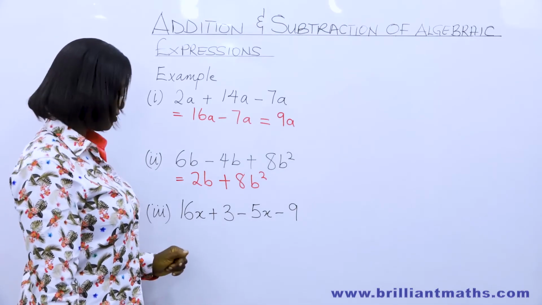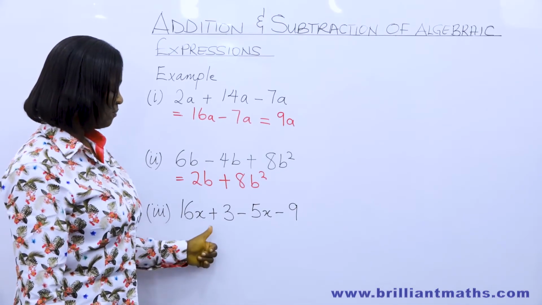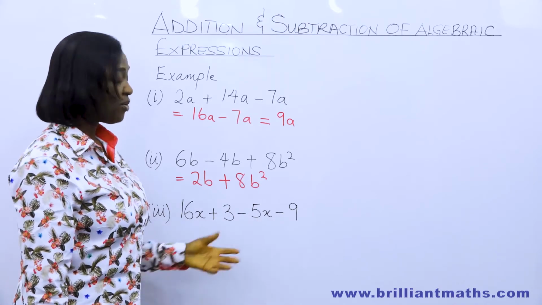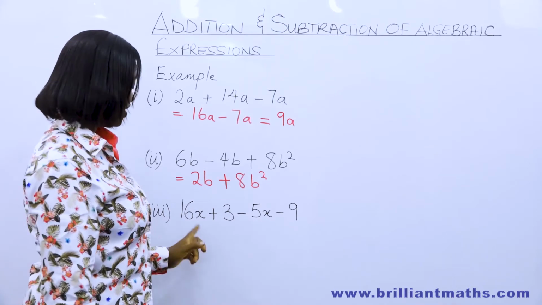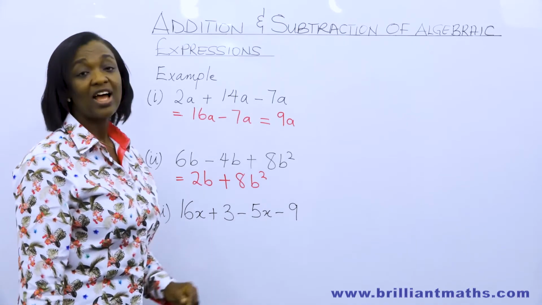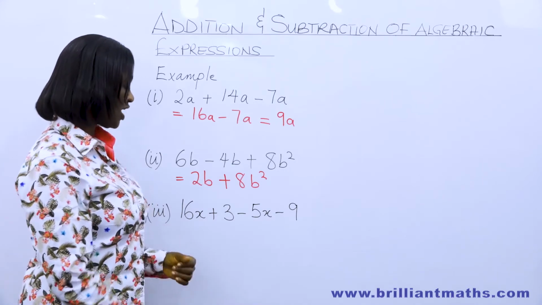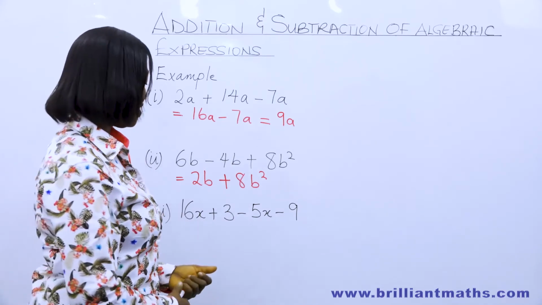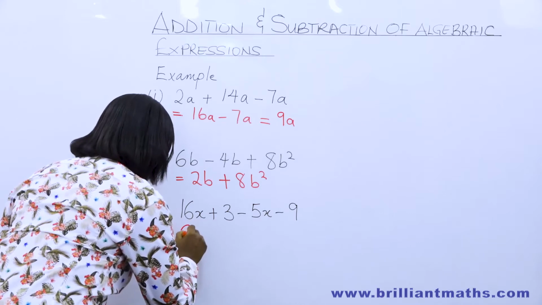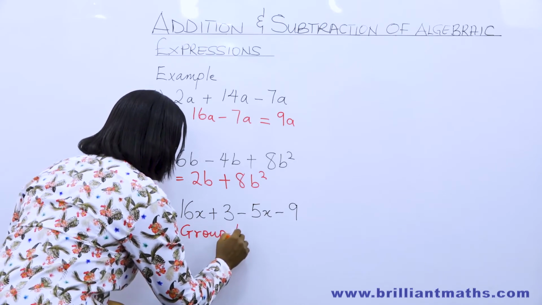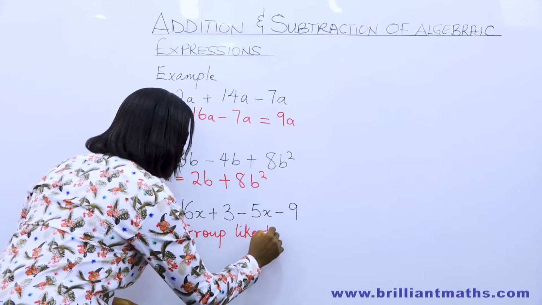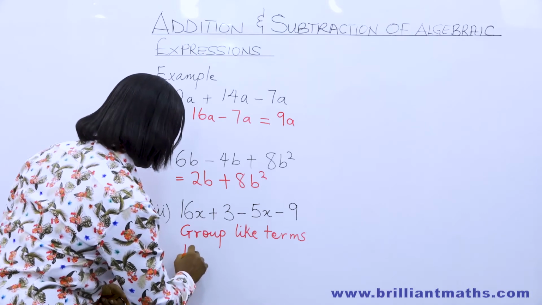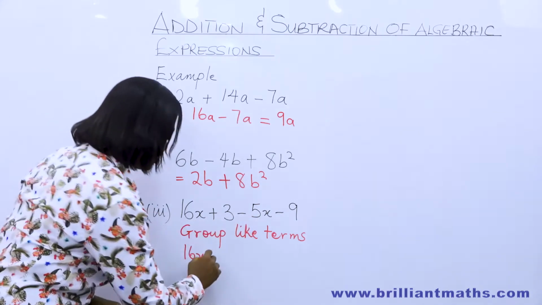In the third example, we have 16x plus 3 minus 5x minus 9. Here we're going to group the like terms. 16x and 5x are like terms, so we'll group them together. And 3 and 9 are also like terms. So the first step is to group like terms. So we're bringing 16x minus 5x.